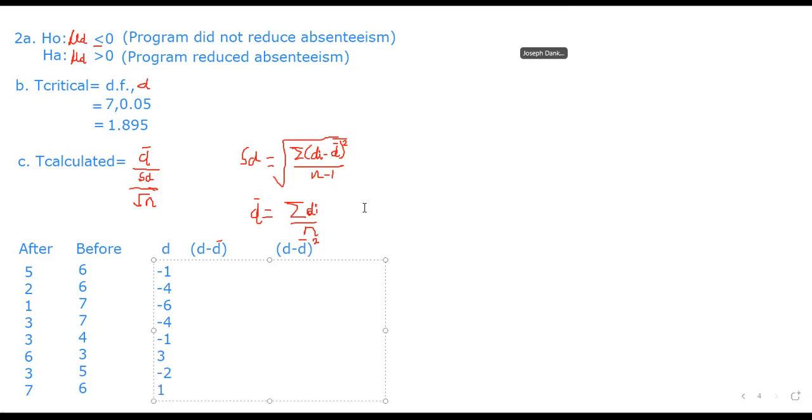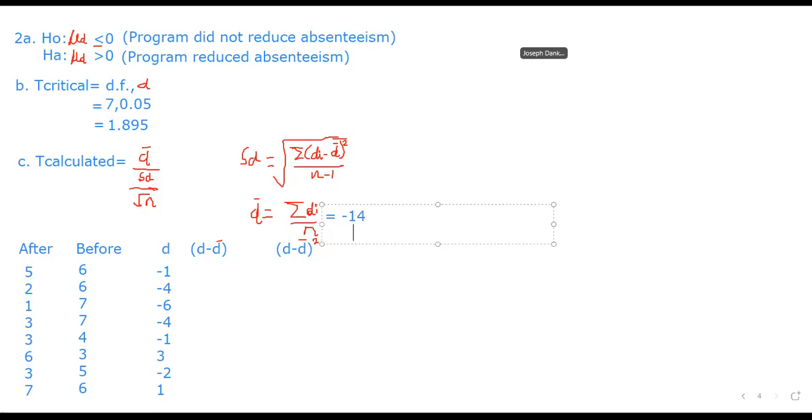So our D bar will be: add all the D's. You get negative 14.